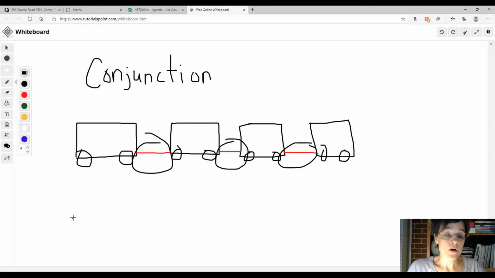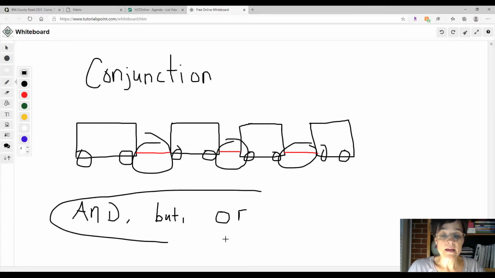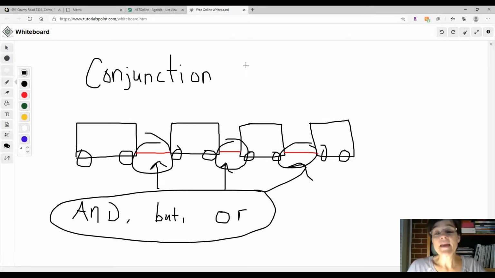Okay, so the words and, but, and or. These words right here act like conjunctions. How in the world do they do that? Well, if we have a short sentence like, I'm going to type this one.